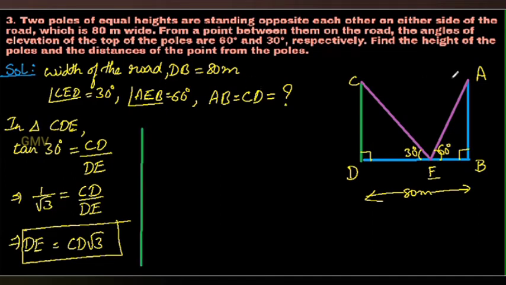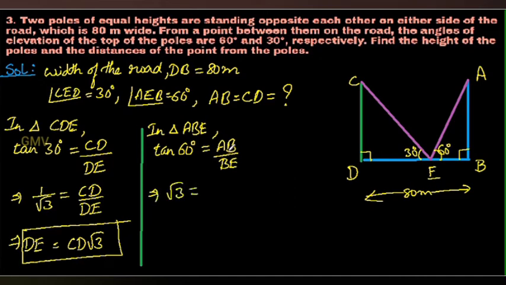Now consider the triangle ABE. So in triangle ABE, tan 60 degree. So tan 60 degree is equal to opposite is AB by adjacent is BE. It implies tan 60 degree value is root 3 is equal to AB.